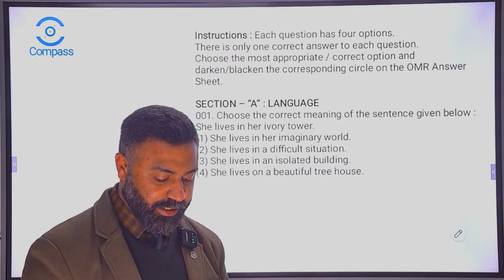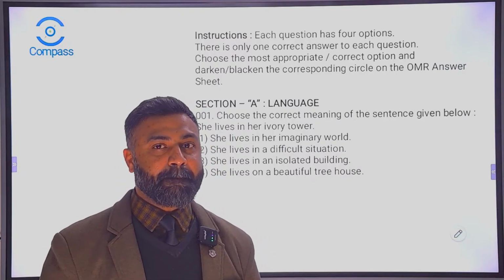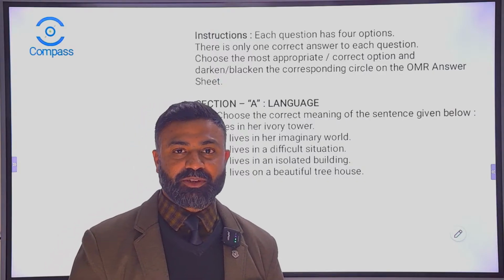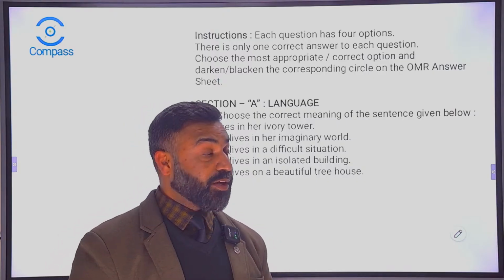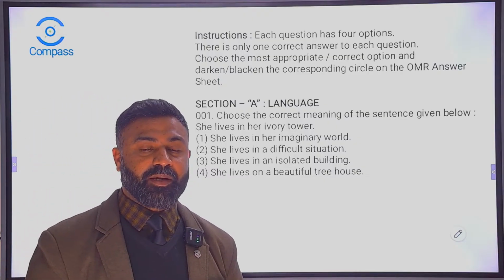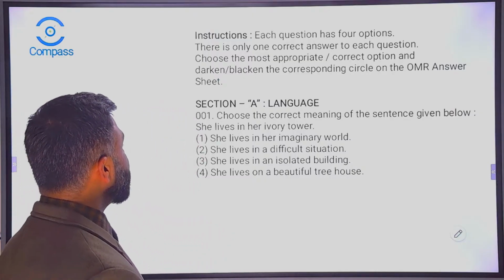This was conducted recently, and many children from Compass gave their examination, and we got to see the question paper as well. You must have solved this question paper earlier, so we are going to see this in detail. Let's begin with the instructions here.